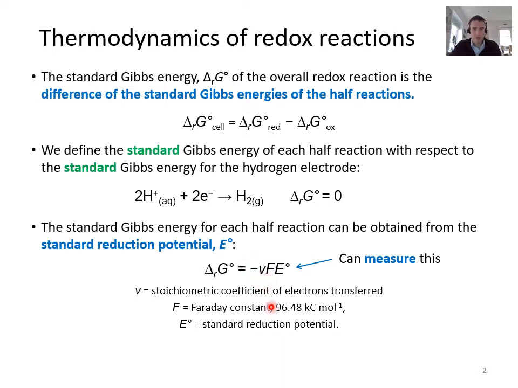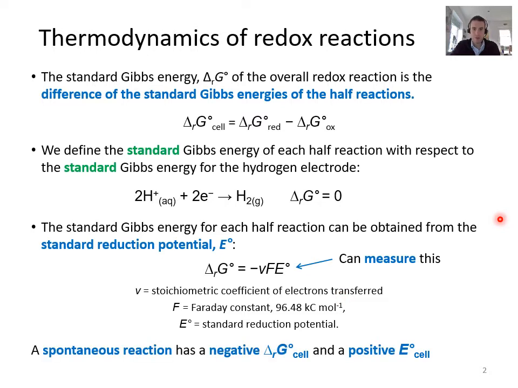Times Faraday's constant, which is given down here, and note that this is coulomb per mole, so you need to multiply that by 1,000 before you can actually use this. Multiplied by this thing here, which is the standard reduction potential for the half cell reaction. This is always the case, and we can measure this, and I'm going to explain how we measure that on the next few slides.